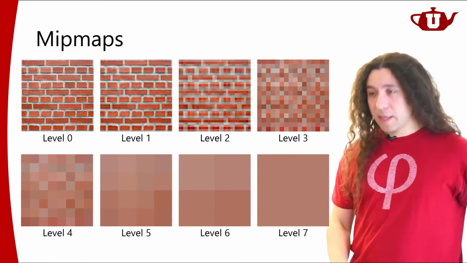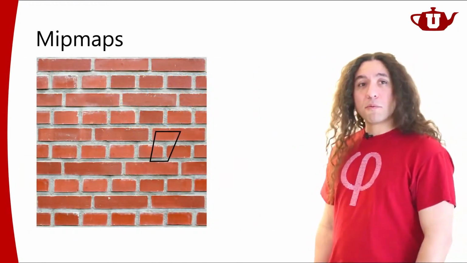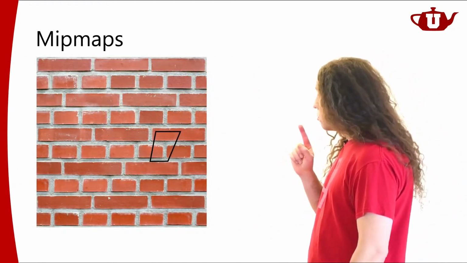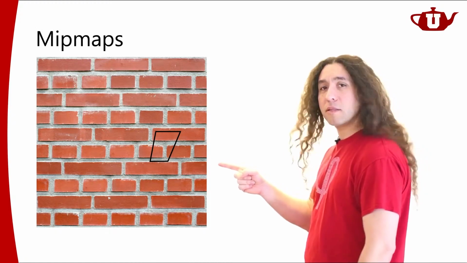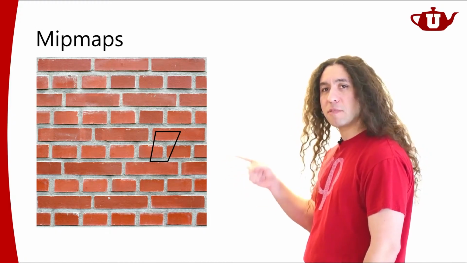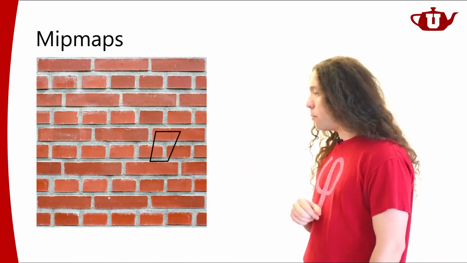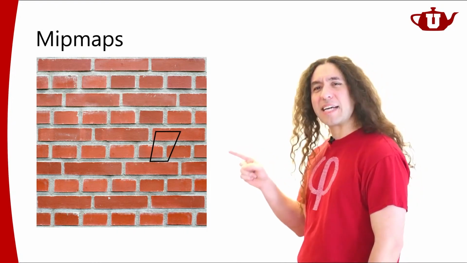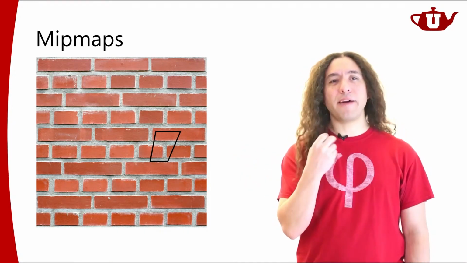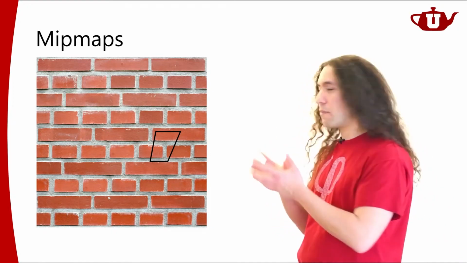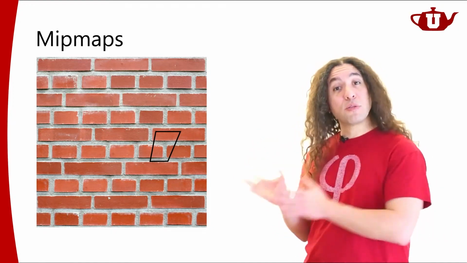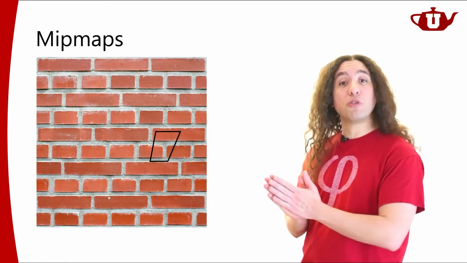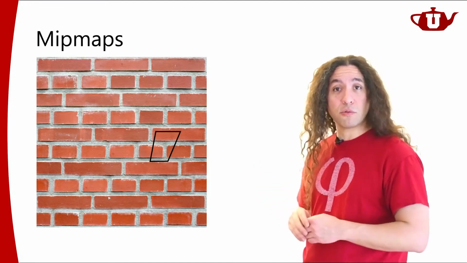More specifically, here's how this is going to work. With mipmapping, I'm going to look at this pixel in texture space. What I want is the size of that pixel. I just want a single value that represents its size, because I'm going to use that for determining what resolution texture to use.